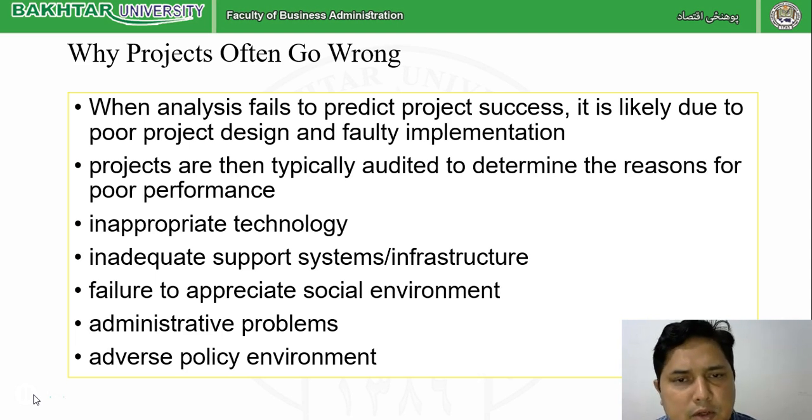Let me add one more reason why projects often go wrong. Sometimes there is a conflict between the client and the parent company. The client always wants the best product or the best project at the least price.